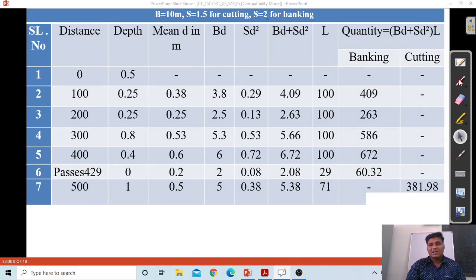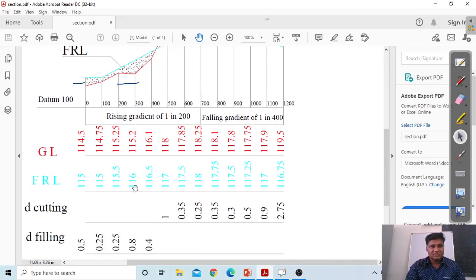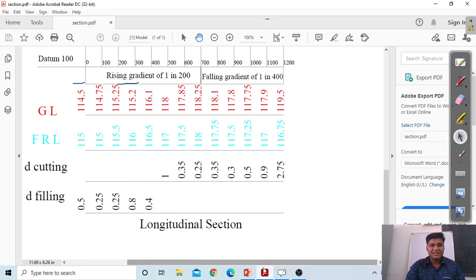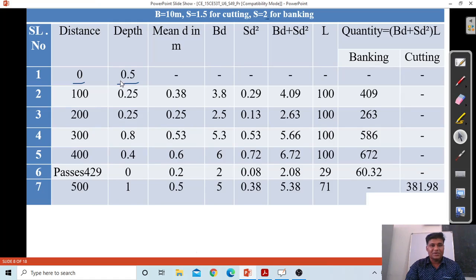Now at 0 meter, what was the depth? The depth is 0.5, filling plus sign, so it is 0.5.